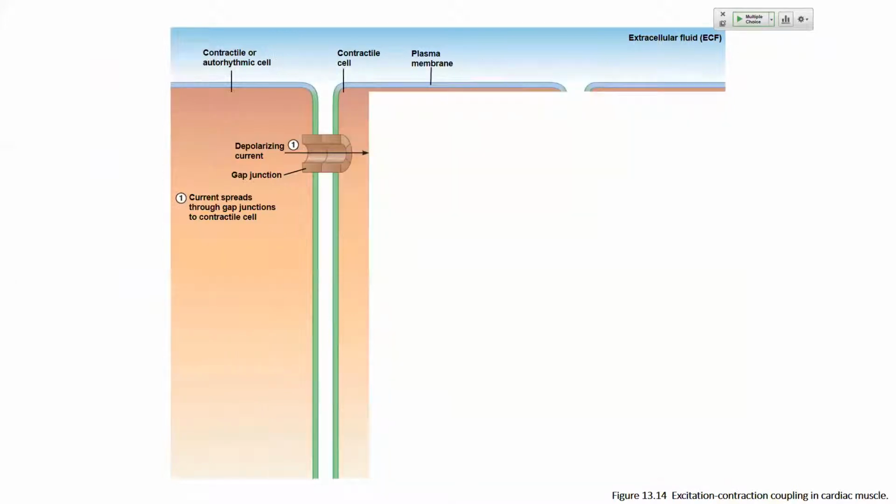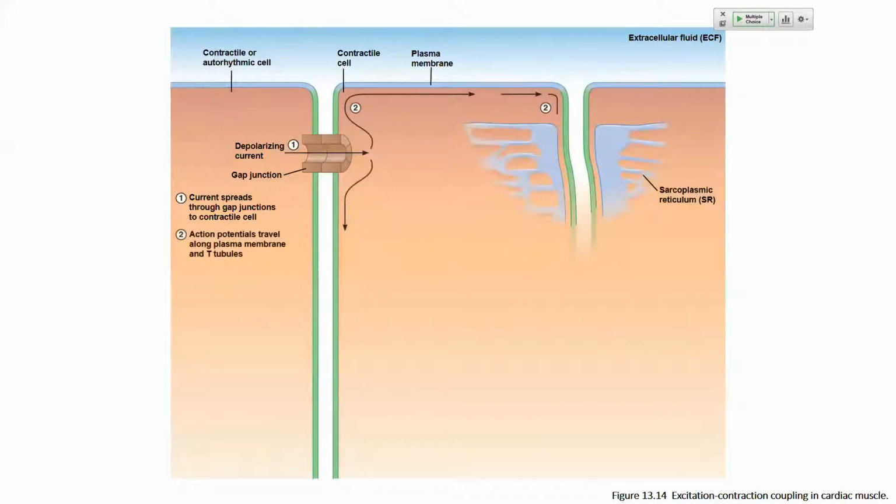So let's walk through these steps here. An action potential is fired in an autorhythmic cell. It's propagated through a gap junction to a contractile cell, okay? Or it can come from another contractile cell. So the action potential arrives at this cell from that gap junction.